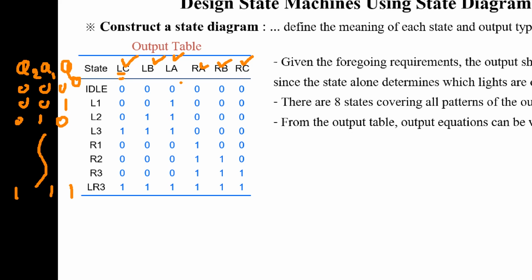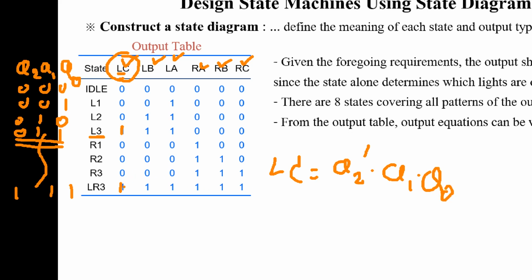For example, if you want to write the equation for output LC, you may focus only on logic 1 output. For L3, its binary code is 0, 1, 1, so you can write that LC equals Q2 prime and Q1 and Q0.